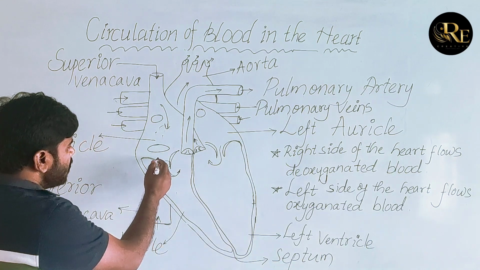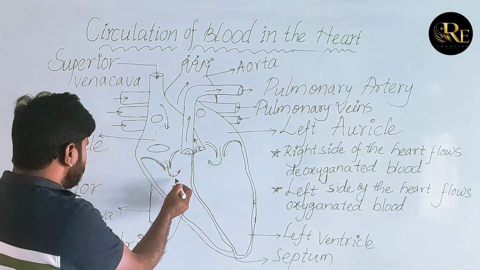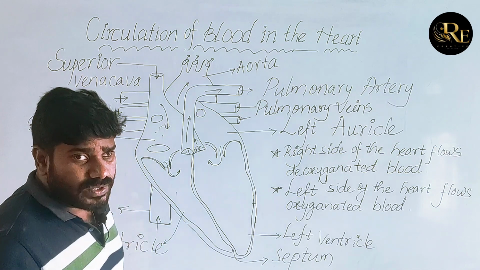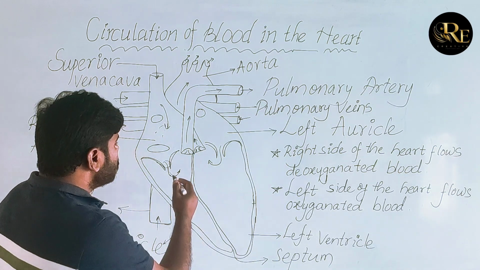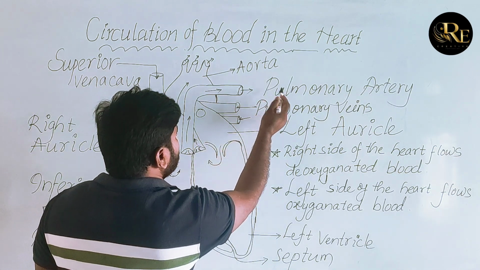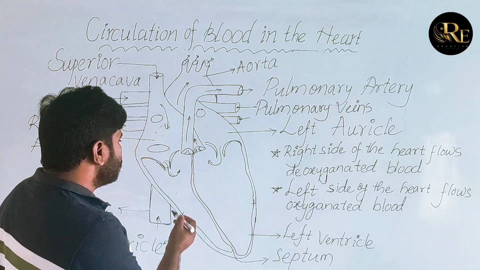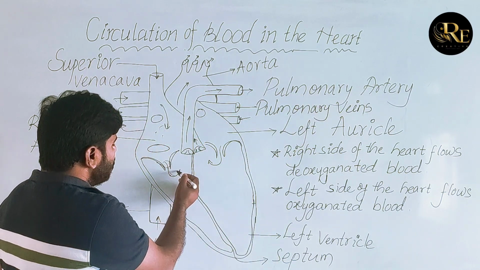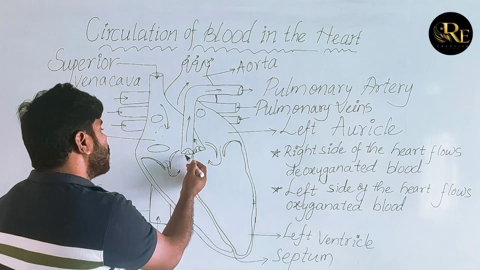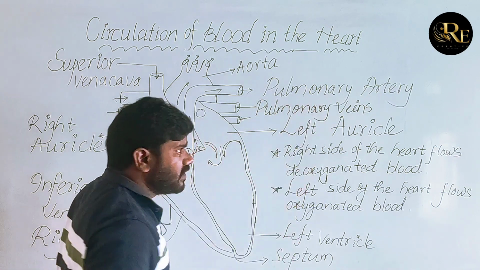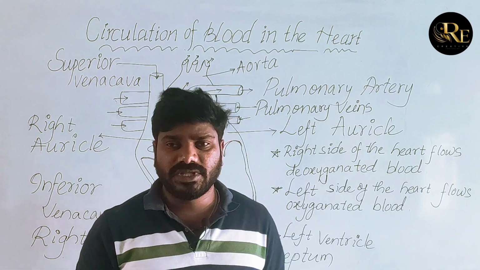After the blood comes to the right ventricle, whenever the right ventricle is filled with blood, it will pump toward the lungs through the pulmonary artery. The blood from the right ventricle is pumped toward the lungs through the pulmonary artery for the purification of the blood.